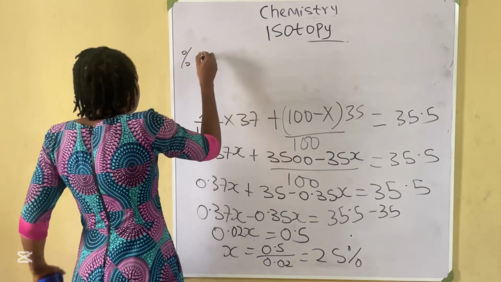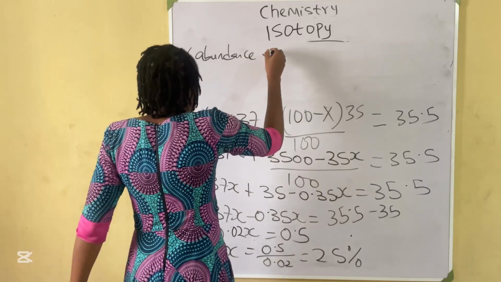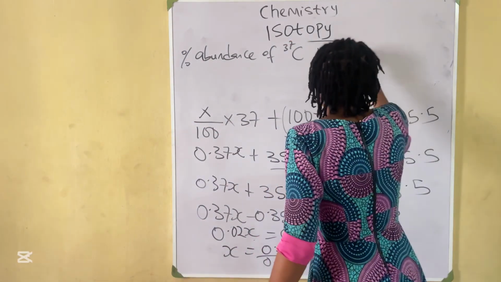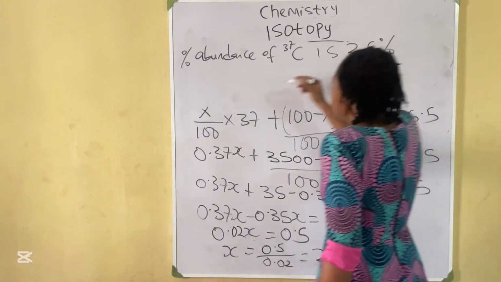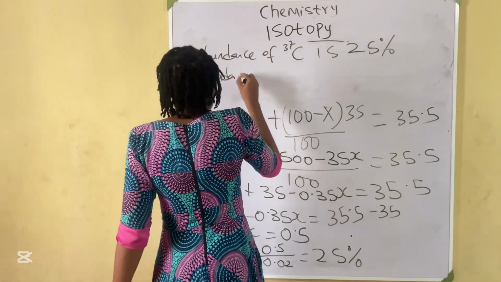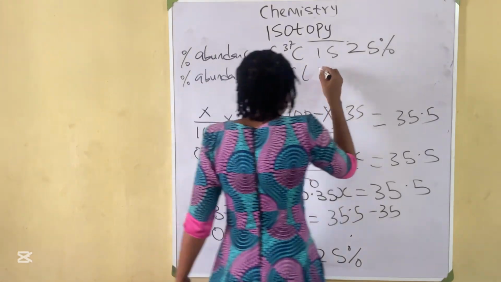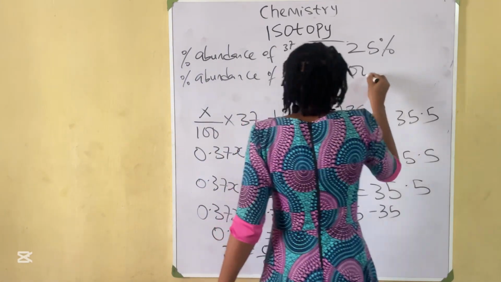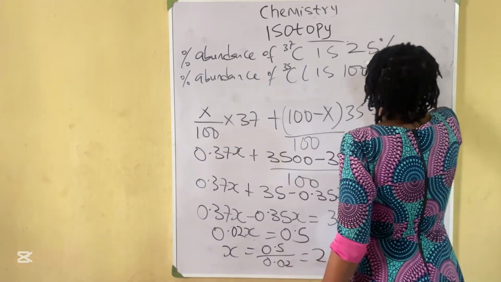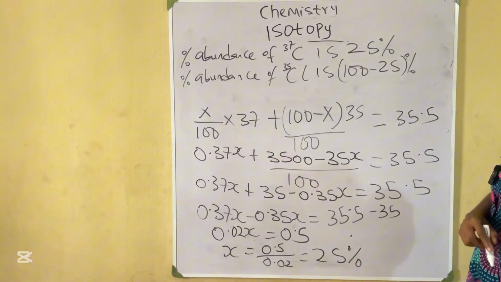So the percentage abundance of chlorine with mass number 37 is 25%. So that of percentage abundance of chlorine with mass number 35 will be what? 100 minus 25%.